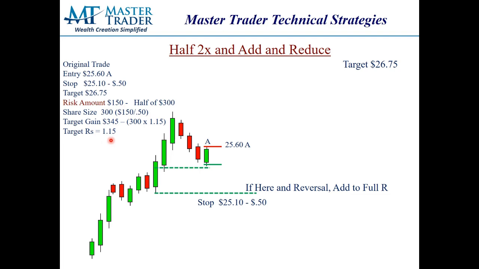So we've got 1.15 R. Not a lot, but we're looking to add here, and that's why we would be taking this. Otherwise, we would not be. We'd just be waiting. And over here, if it comes down here, this is where we're going to look to add to our full risk amount.